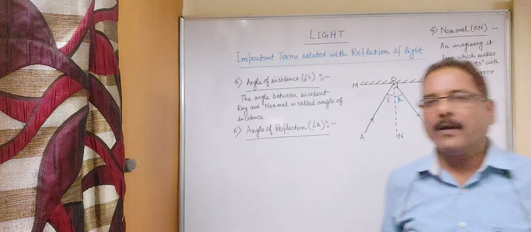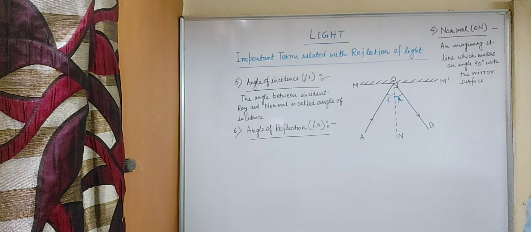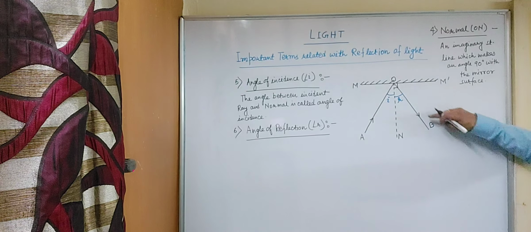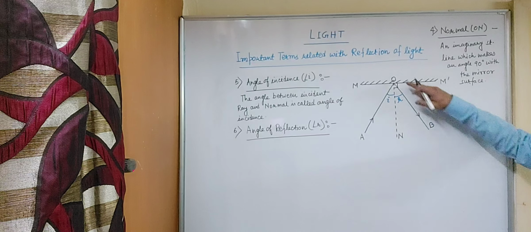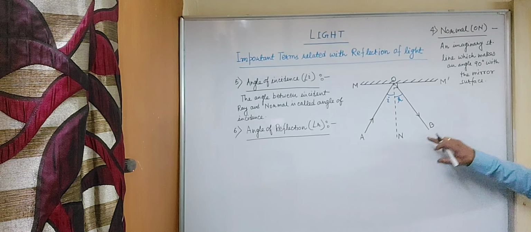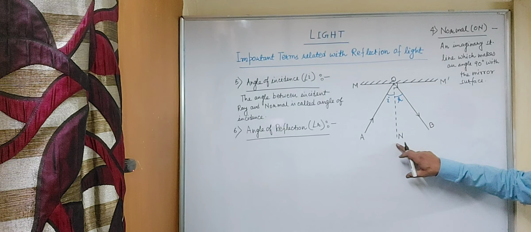So again look at the figure. Angle r is the angle between OB and ON, and as you know, OB is the reflected ray and ON is the normal.